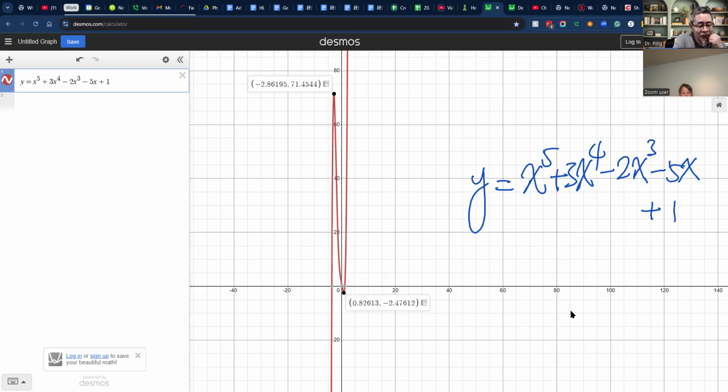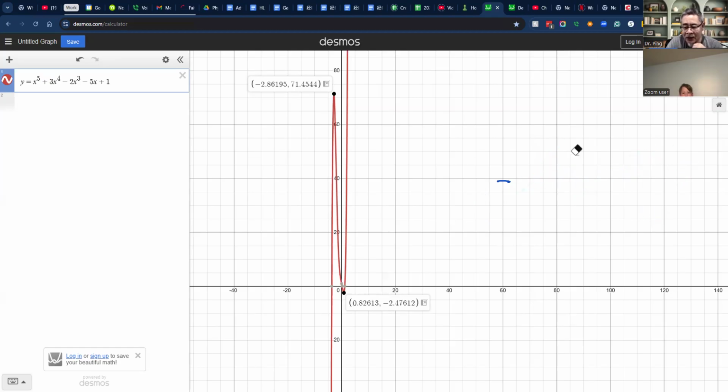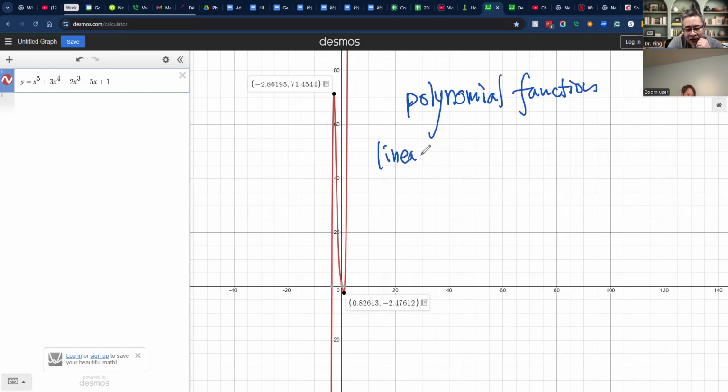Okay, so we can just do a recap on what we just learned. First we learned how to use Desmos to help us visualize the functions. And we also learned about polynomial functions. The simple one is linear.